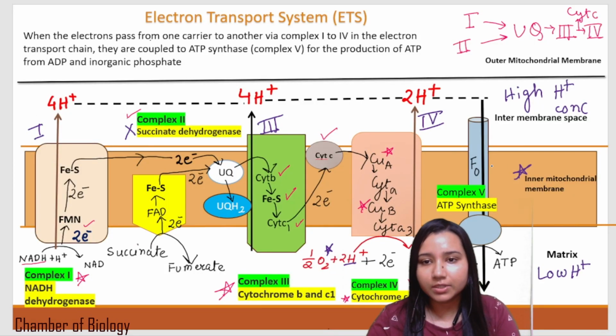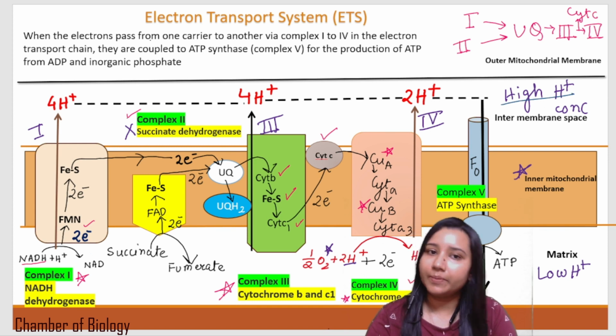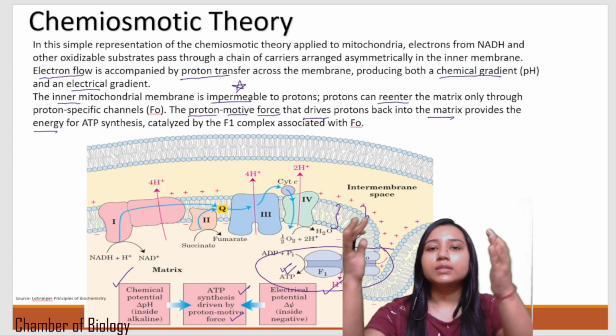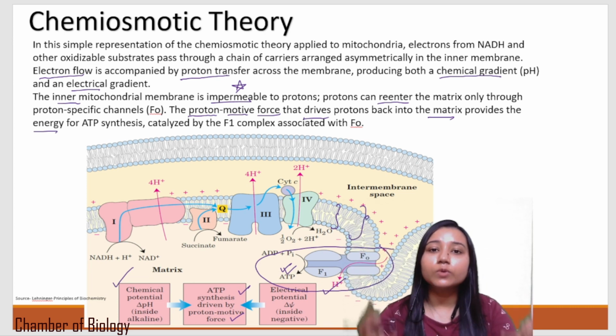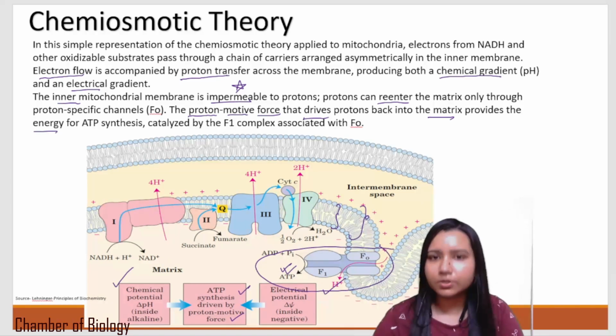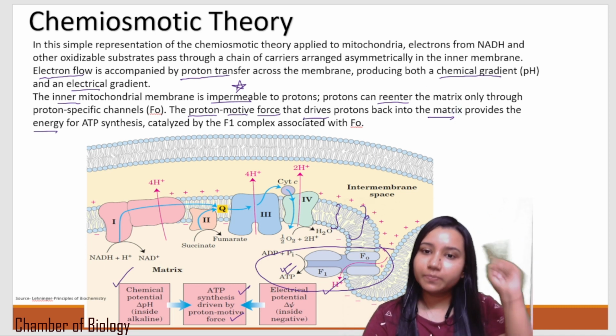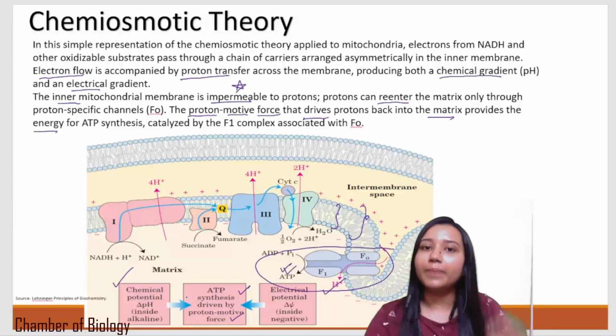Please remember this. All these complexes are here, and we are increasing the gradient in the intermembrane space. As there is a proton gradient, the ATP is going to be produced by the proton motive force, taking all this H plus present in the intermembrane space into the matrix as well.